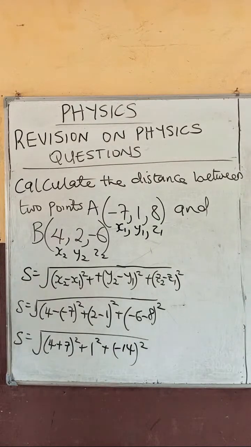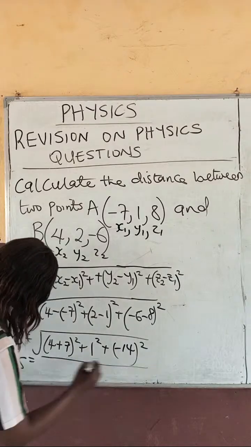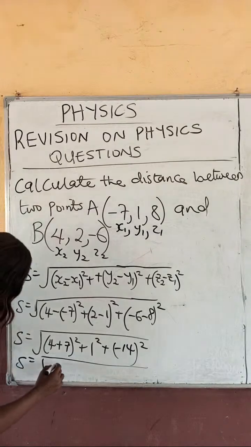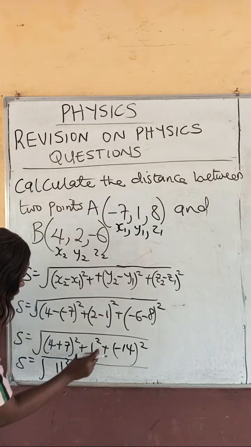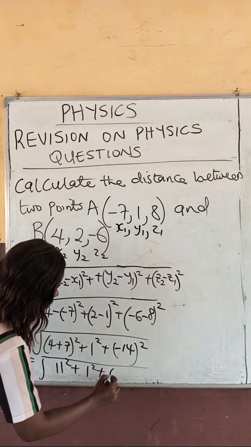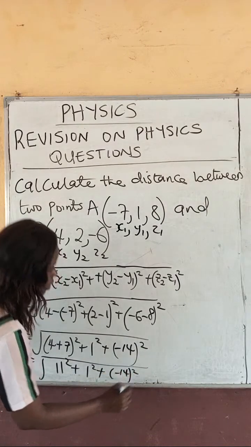Now by the time you remove this square, let's see what we have. x is equals to what? 4 plus 7 is going to give me 11 squared plus 1 squared plus it's still retaining minus 14 squared, okay?